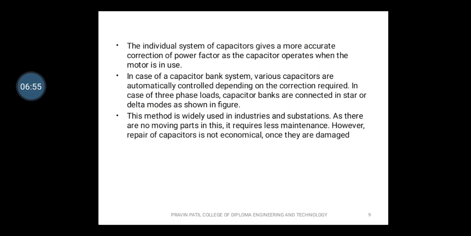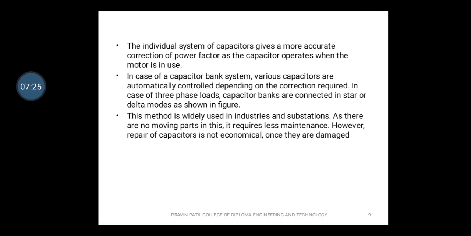Actually, a capacitor bank is connected in parallel to the load to neutralize the effect of the load current completely or partially. In this method, a static capacitor is connected across each individual motor load. Hence, the individual system of a capacitor gives more accurate correction of power factor.